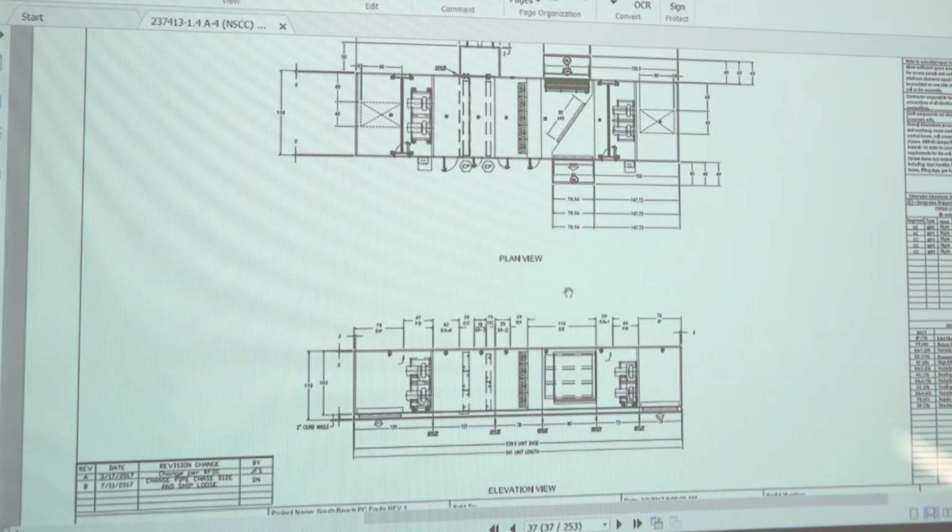Overall plan views. Okay, it shows you your return section, your return fans, your exhaust air, your intake air, your return dampers, filter media, filter sections, coil sections, supply fan sections, discharge plenum sections.